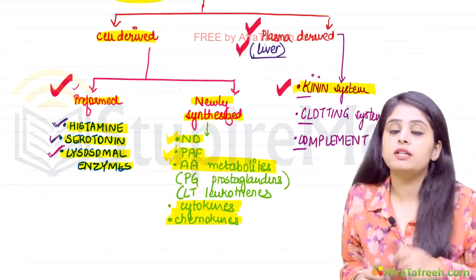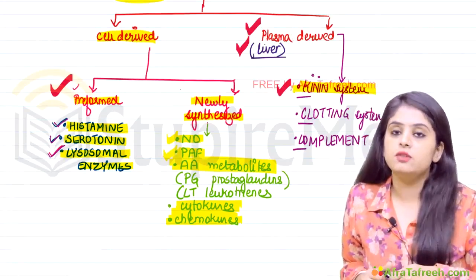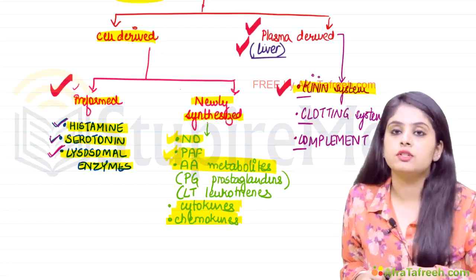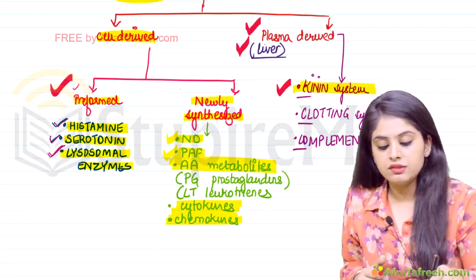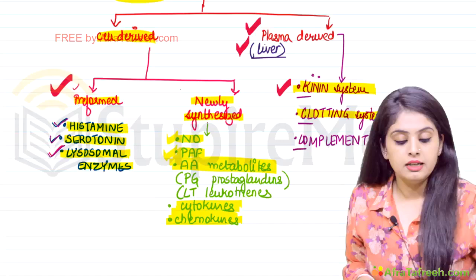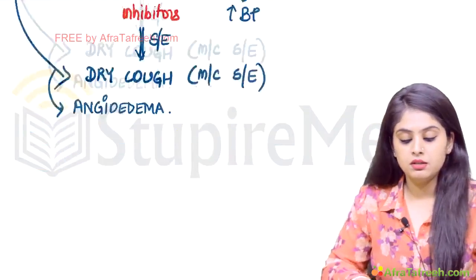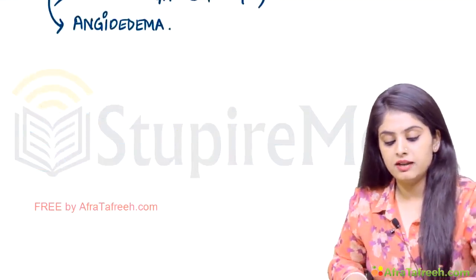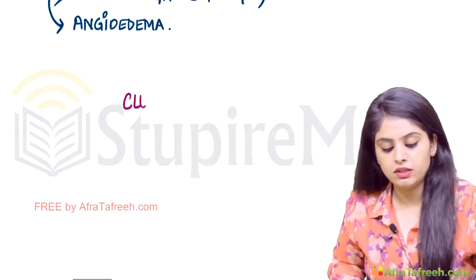The most important action of bradykinin is venular dilation, followed by pain and bronchoconstriction. The next, students, that we are starting with is the clotting system. Again, a very important mediator that we have is the clotting system.